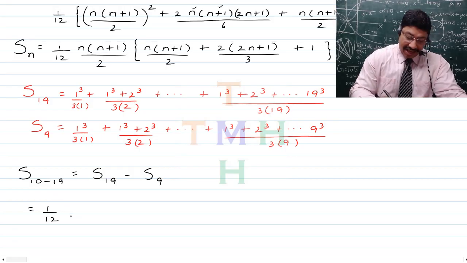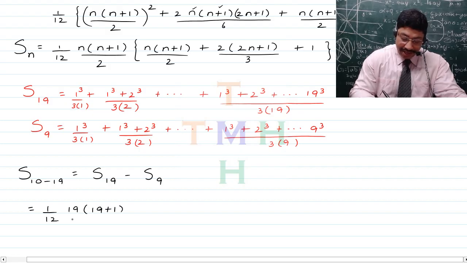So here we will have n, which is 19, multiplied with 19 plus 1, and it is to be divided by 2, right?